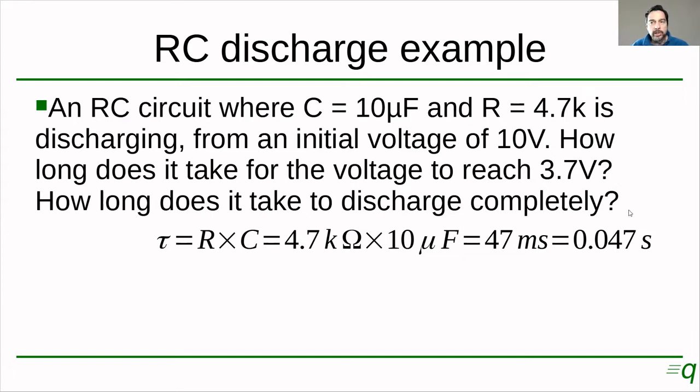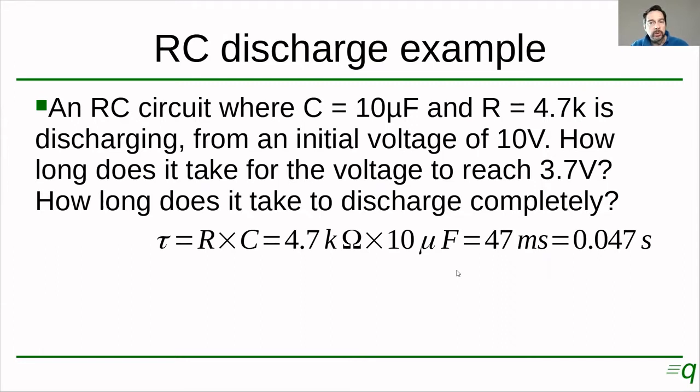So again, it is 1 tau because the voltage that we're interested in is 37% of the initial voltage, and the time that it's going to take is 1 tau, which is R times C, 4.7 kilo ohms times 10 microfarads.